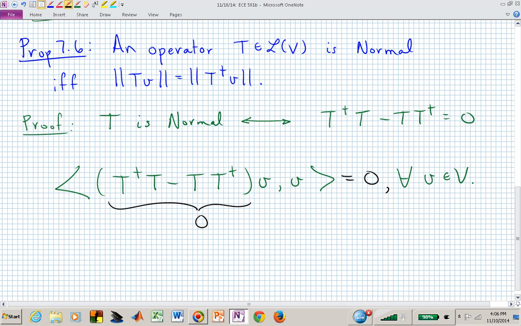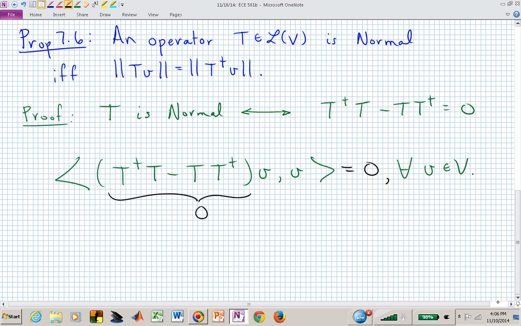We just have 0 inner product with v, and the 0 vector inner product with any vector is 0.